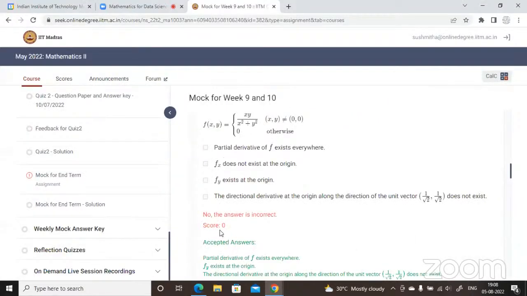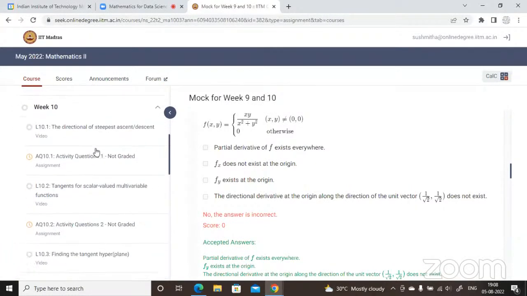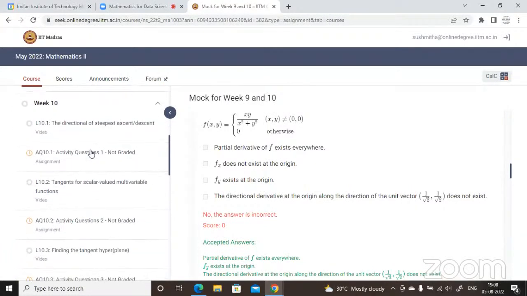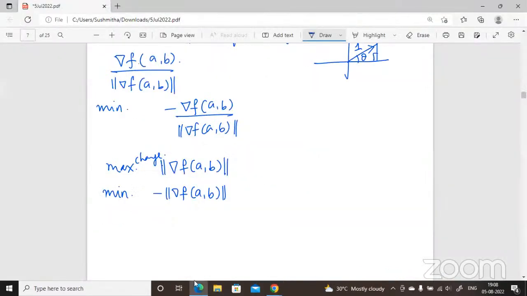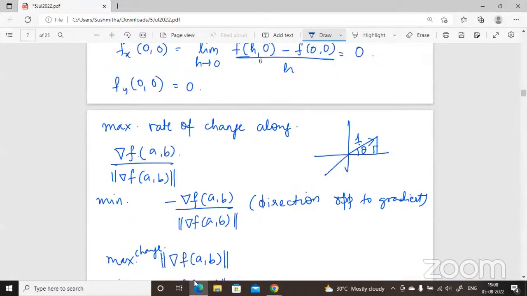Ma'am, for the minimum direction, do you need a minus sign? Because in the minimum formula, there is already a minus sign. No, the direction will be in the opposite direction of the gradient. So if this is the gradient vector, this is going to be the direction of minimum change, the opposite direction.